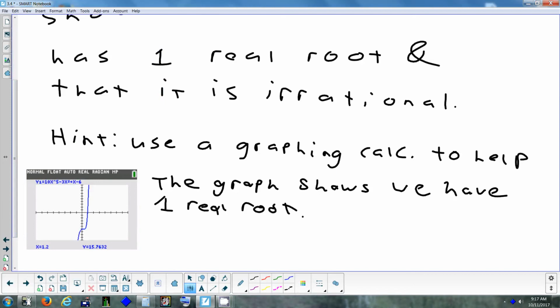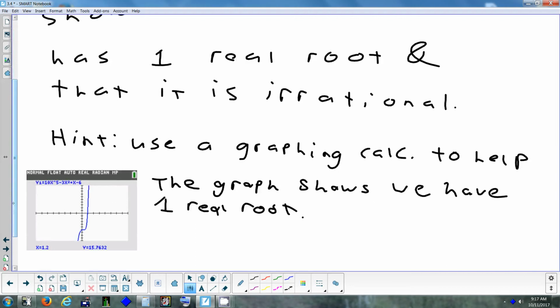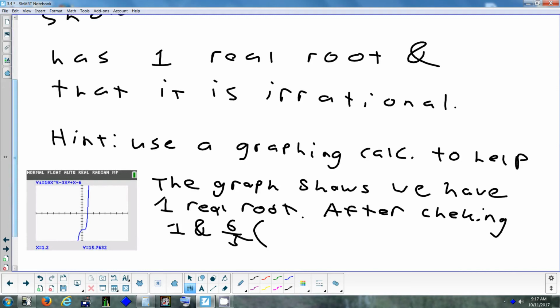The next thing I would say is, after checking the two numbers that we thought were reasonable, 1 and 6/5. I'm just going to put in parentheses, those were the reasonable answers after looking at the list and looking at the graph.